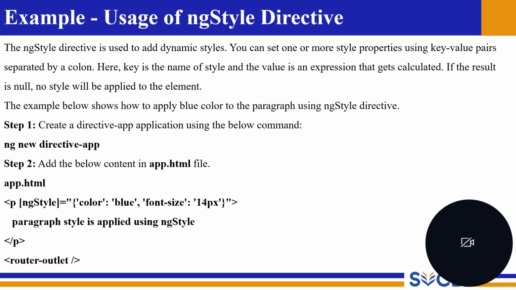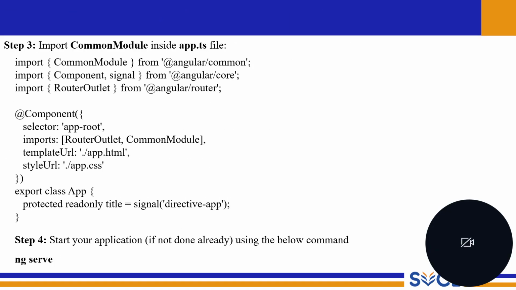In step 1, you have to create the directive app application by using ng new directive-app. Then add the below content in the app.html file. So this is the app.html file. Here you have to give the color blue as well as font style. In the third step, you have to import the CommonModule inside the app.ts file.